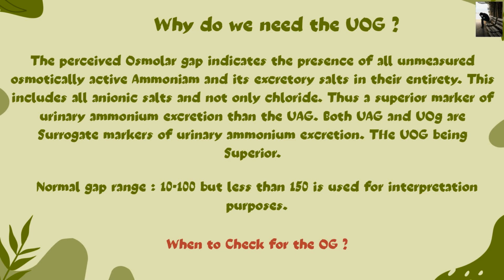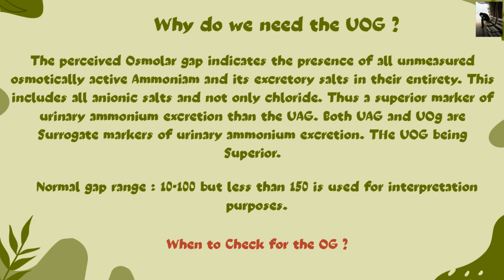We have discussed in the previous slide in detail as to why we need the urinary osmolar gap, and the normal range is between 10 and 100, and we do take 150 as the cutoff mark for interpretation purposes. We would look at that in a moment. Now comes the question, when to check the osmolar gap.